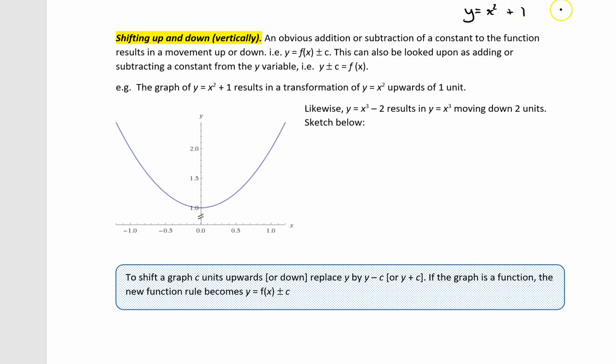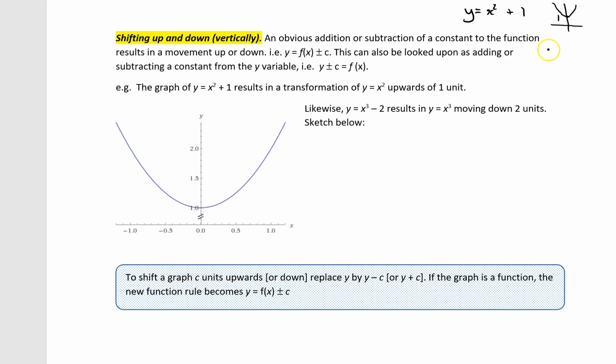Now, what that actually does, and hopefully you'll remember, is it keeps the parabola still centered, symmetrical around the y-axis, but it pushes it up so its vertex is now up 1 unit high.